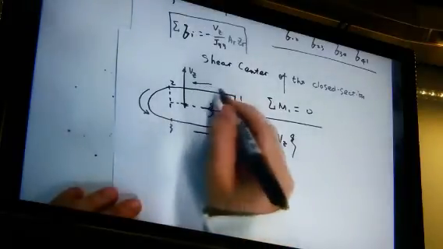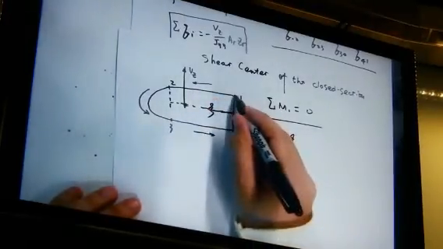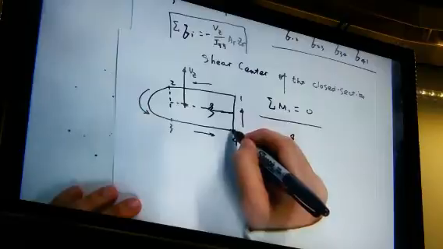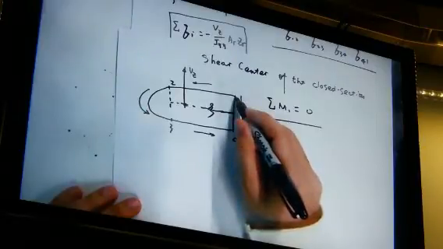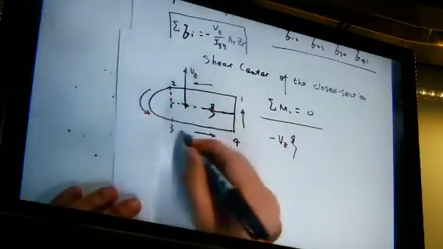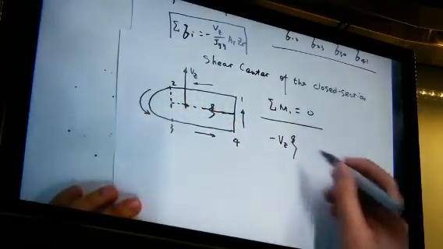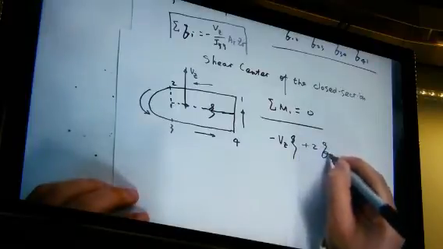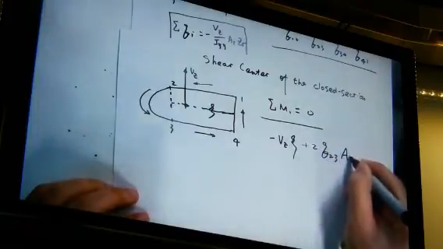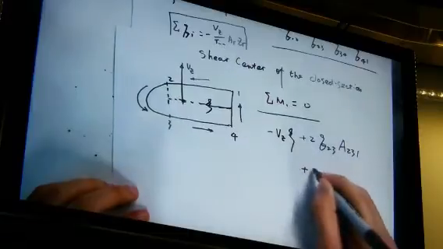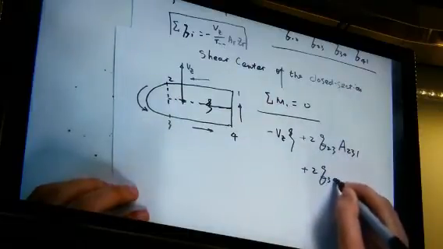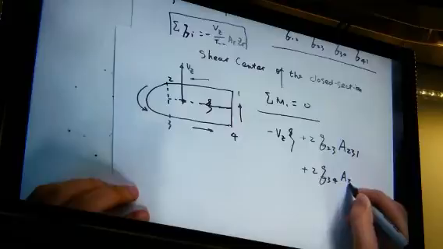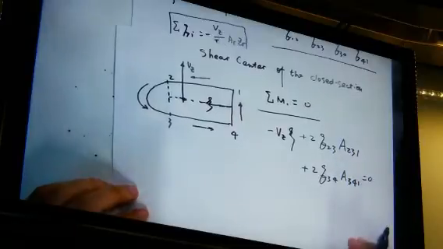So shear flow from 1 to 2 is flowing through point 1, not contributing. Shear flow from 4 to 1 is also not contributing, it's going through point 1. Only this one and this one are contributing. So 2, 3 is positive: Q23 A231, and Q34 A341, equal to 0.